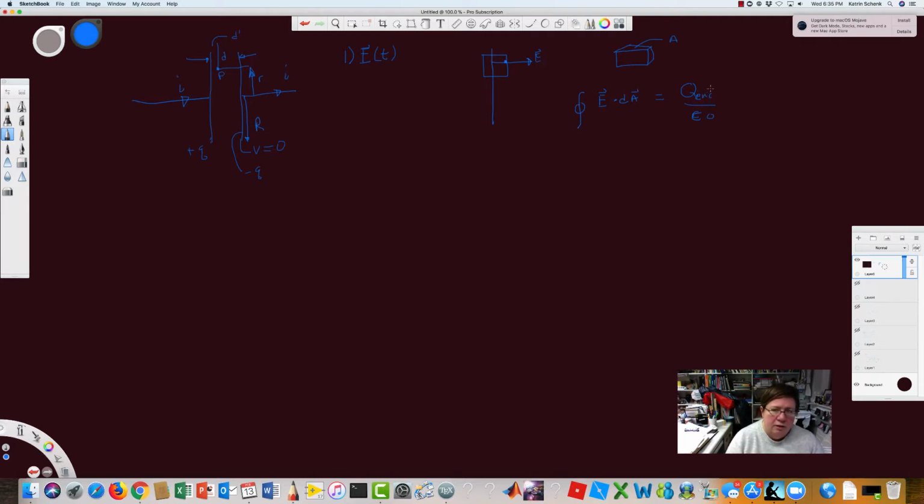We should have set this up a little better, but this plate has total charge little q, and its charge density we can write as sigma equals Q over pi r squared. So that is the surface charge density.